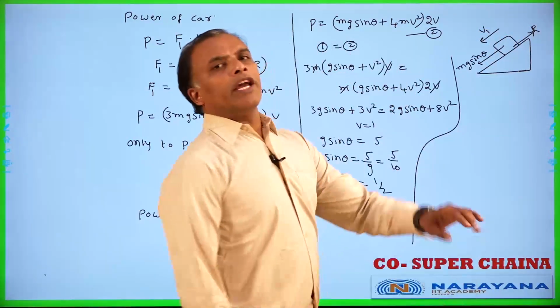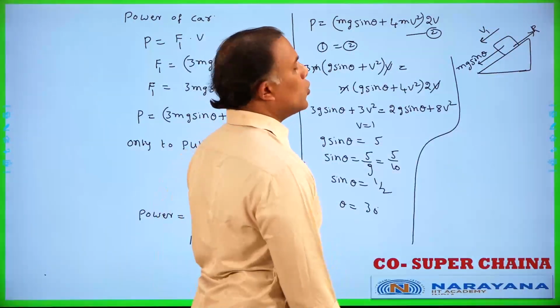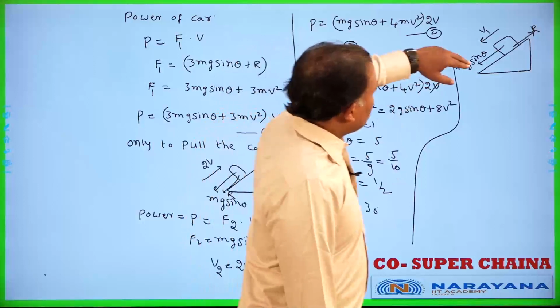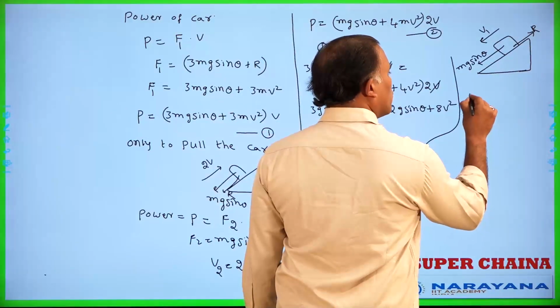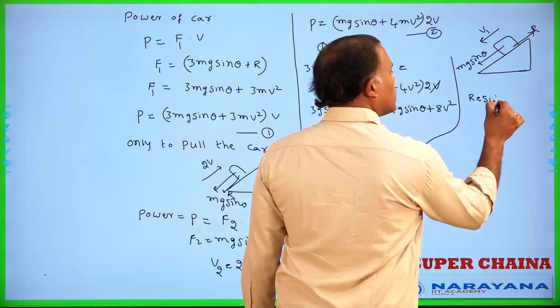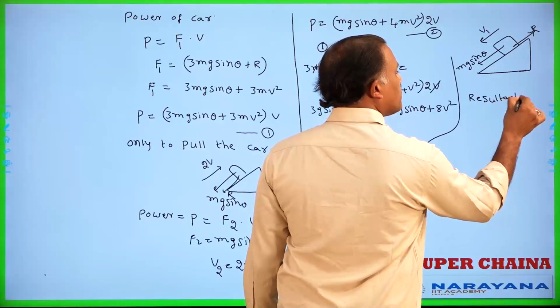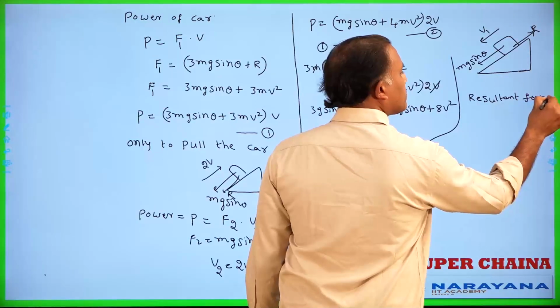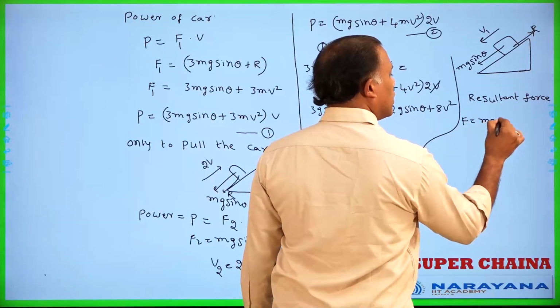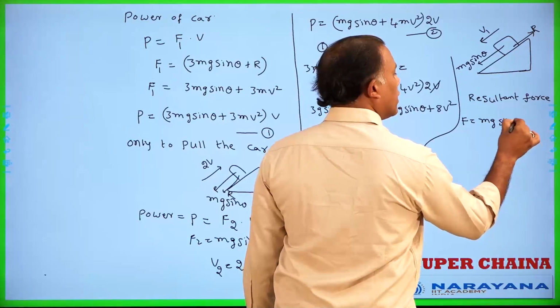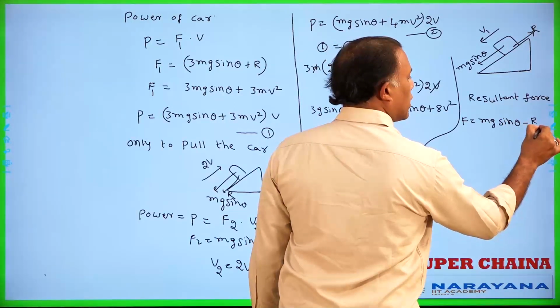Then what is that v1 square value? As it is coming downward, mg sine theta dominates, the resistance force is the opposition. So now the resultant force F is equal to mg sine theta minus R.